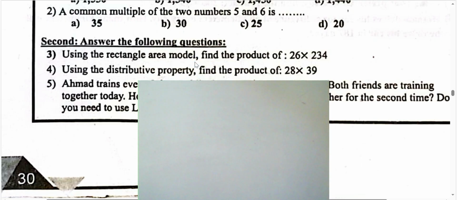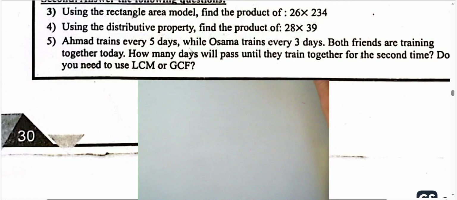Number 5. Ahmed trains every 5 days, while Osama trains every 3 days. Both friends are training together today. How many days will pass until they train together for the second time? Do you need least common multiple or greatest common factor? We will use the least common multiple of the two numbers, 5 and 3. 5 times 3 equals 15.